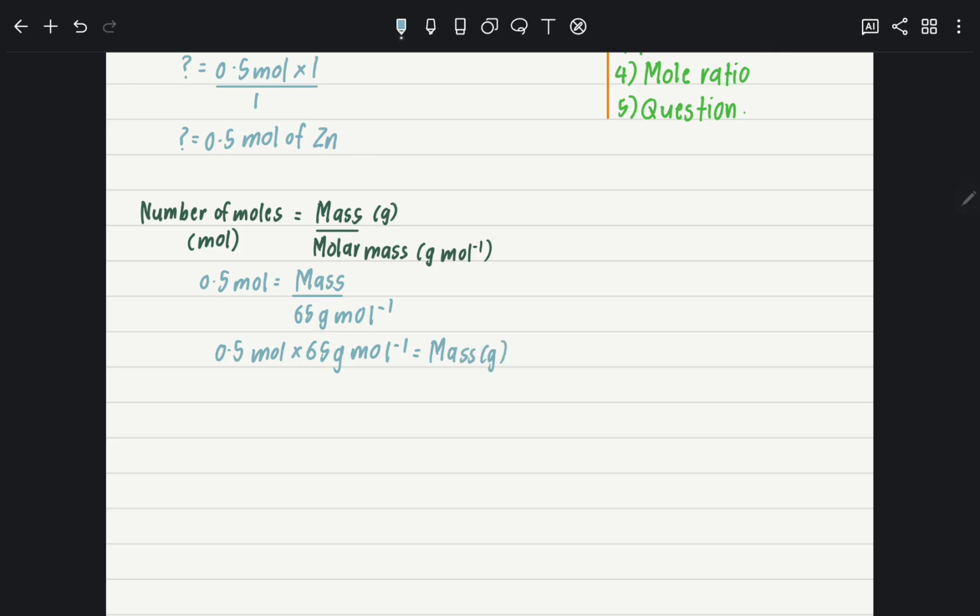Okay, so just press your calculator. 0.5 times 65, so you will get 32.50 gram. Why? Because mole and mole I can cut up and down, so my final answer is 32.5 gram of zinc.